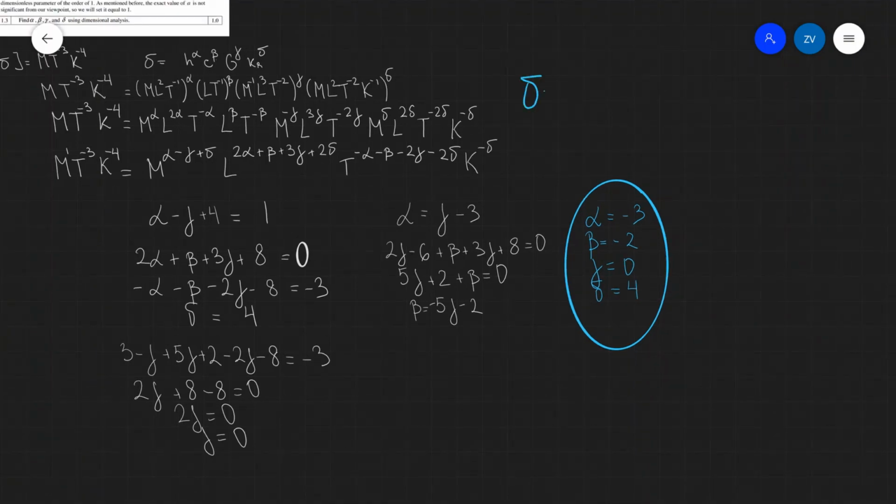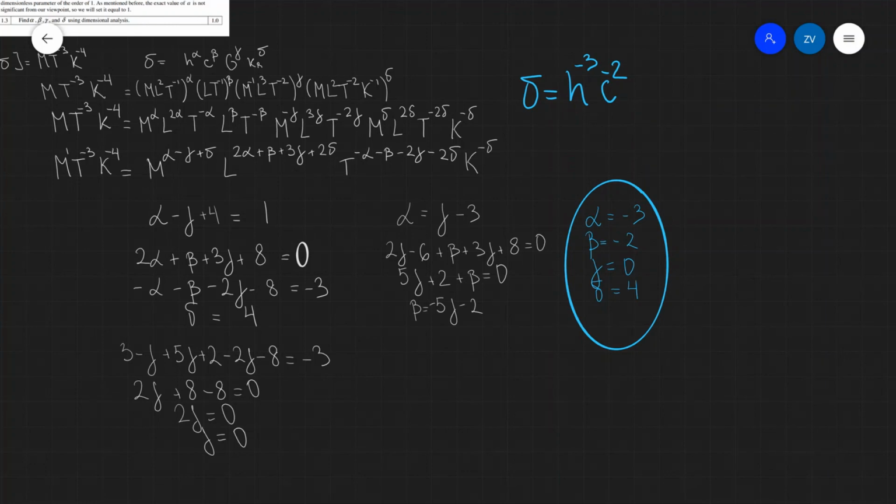So the Stefan-Boltzmann constant will be equal to Planck's constant raised to a power of minus 3. The speed of light, which has been raised to a power of beta, which is minus 2, like so. And the gravitational constant raised to the power of gamma, which is 0. So anything raised to the power of 0 is 1, so I'm just going to not include that in this expression.